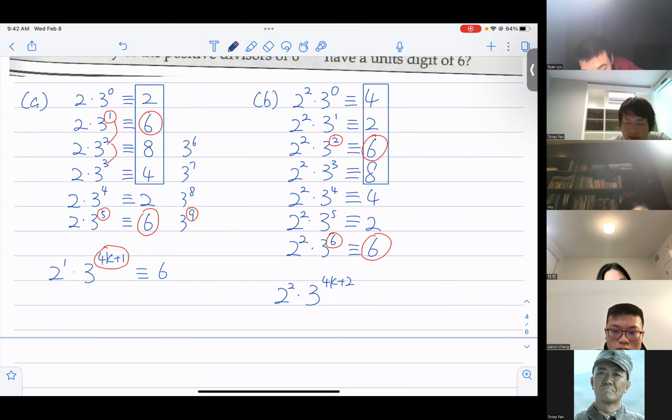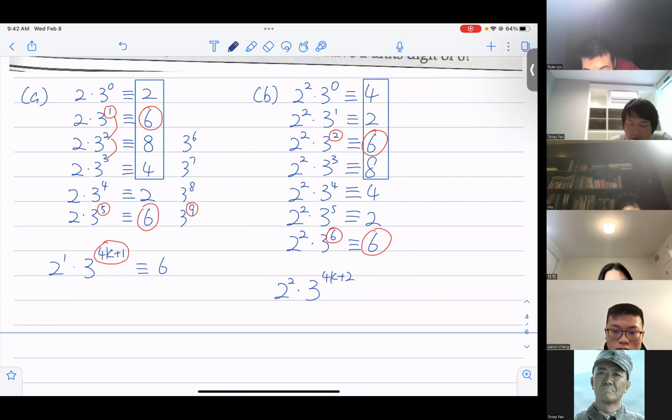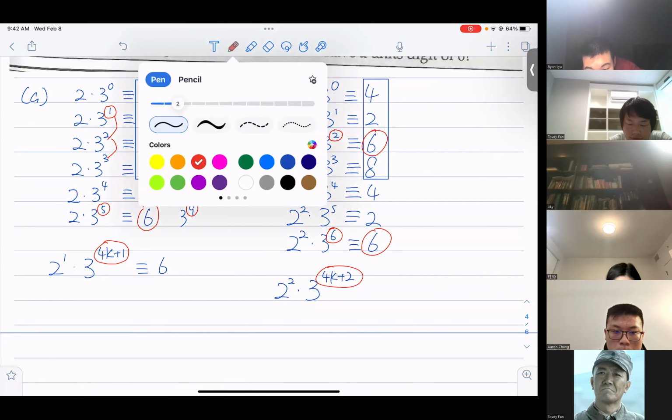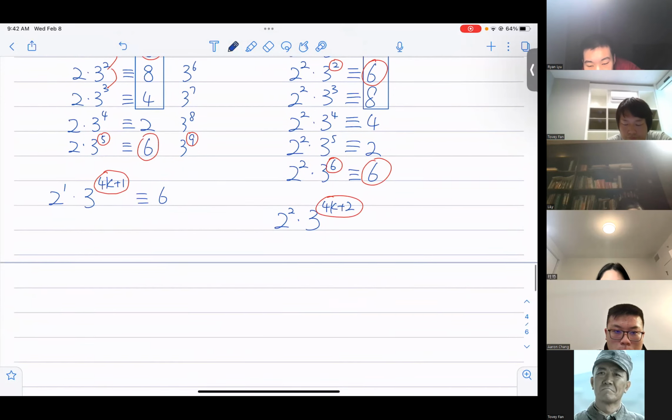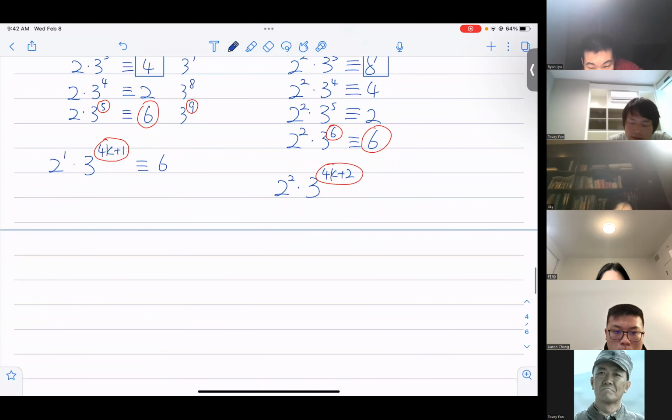If that makes sense, we can look at the next power. So far we haven't found any relationship between the power of 2 and the power of 3, so we have to further investigate until we find something out. So we're going to do, let's say, 2 cubed. We have done 2 to the first power, 2 squared.